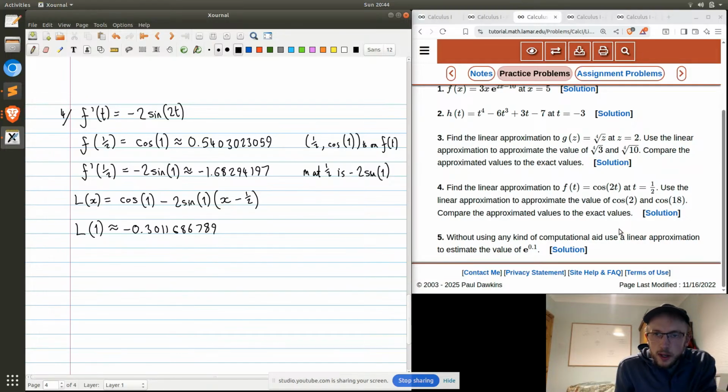Whereas the actual value of cosine of 2 happens to be closer to this.